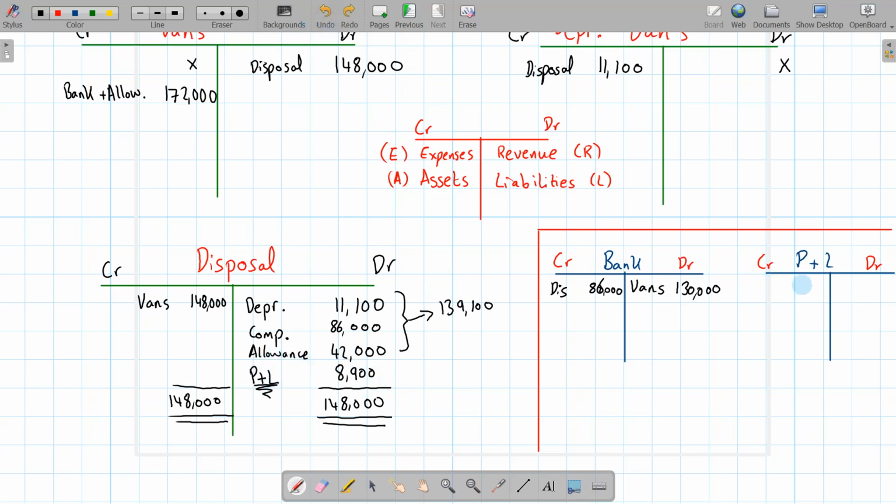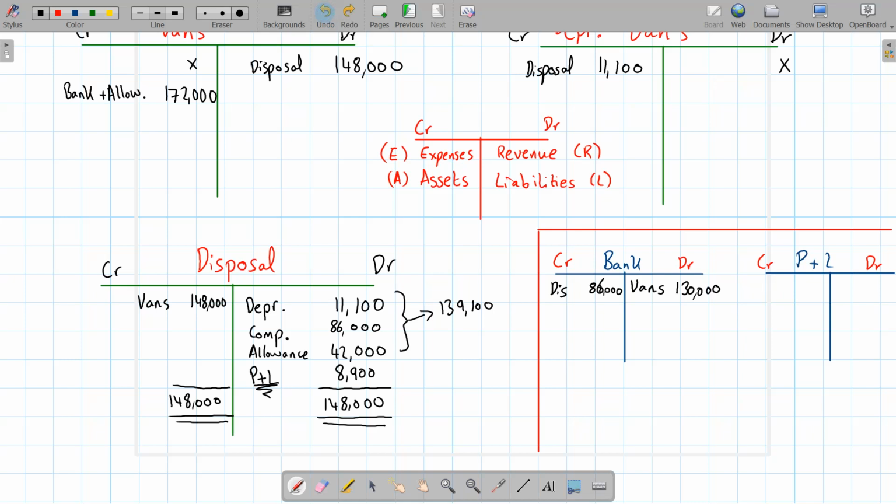But think about our P&L as a T account. So if we're double entering from the debit side, you'll have to go into our P&L 8,900. Disposal. What side is that on? Think of Earl. So it's on the E, the expense side. So the 8,900 is an expense.